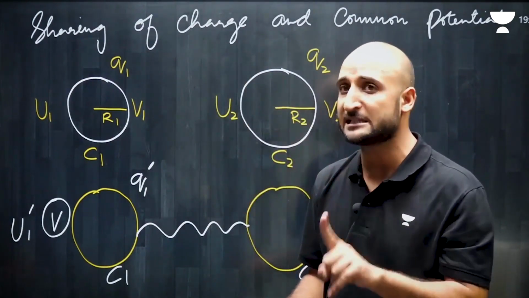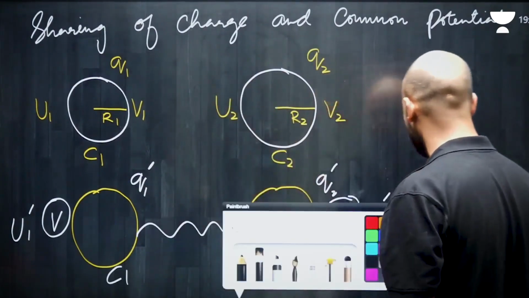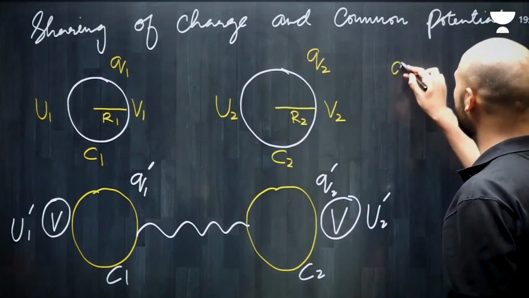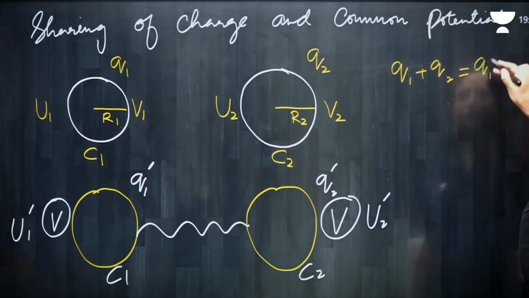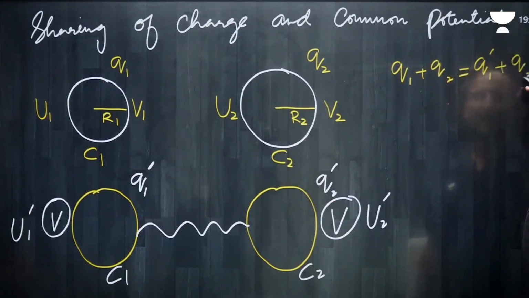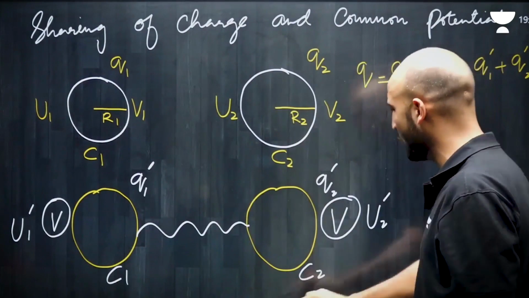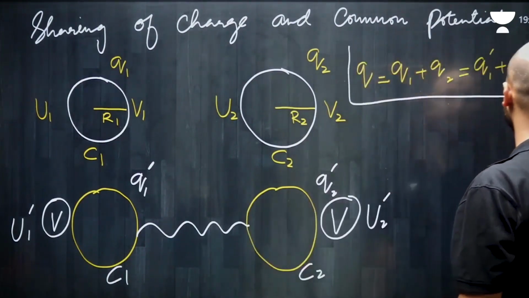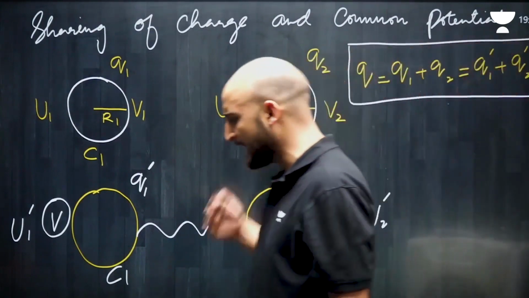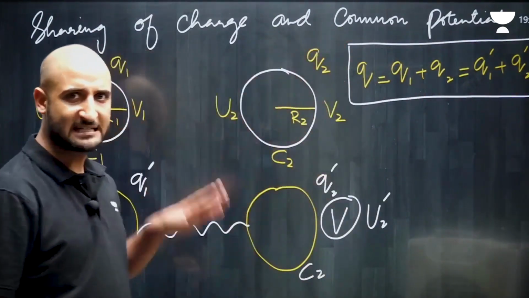That's the first principle that this situation has to follow. So I'm going to write here that Q1 plus Q2 will always be equal to Q1 prime plus Q2 prime, and let's say that's equal to the total charge Q. I call that Q. Now this equation is very important. It simply comes from what we call conservation of charge. The total charge will always be conserved.